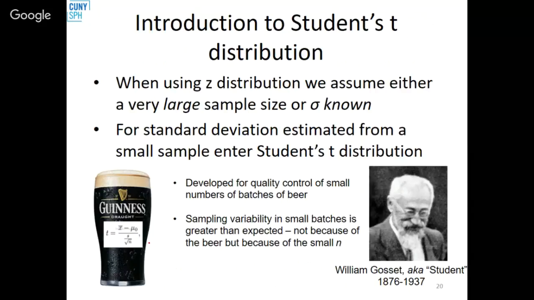And he noticed that using a normal approximation, even though these were normally distributed properties like the alcohol content, he was rejecting this null hypothesis with an incorrect frequency, not correctly controlling for type 1 error. That is, the sampling variability in these small batches was greater than expected, not because of the beer, but just because he had small sample sizes.